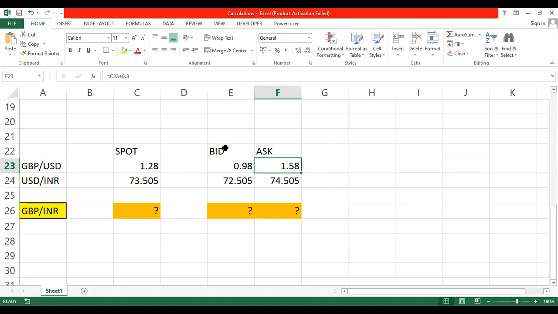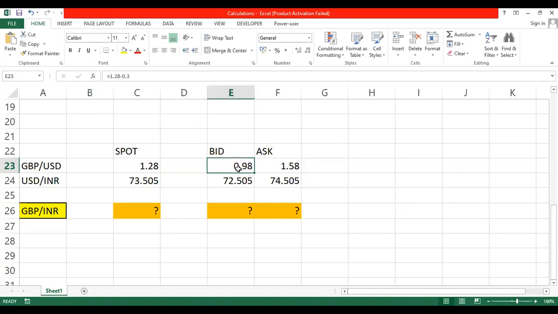So whenever a bank is buying the currency from you, it is quoting a lower price than the current exchange rate, or the spot price. And whenever it is selling the same currency to you, it is quoting a higher price, just to make some profit out of it. All right.